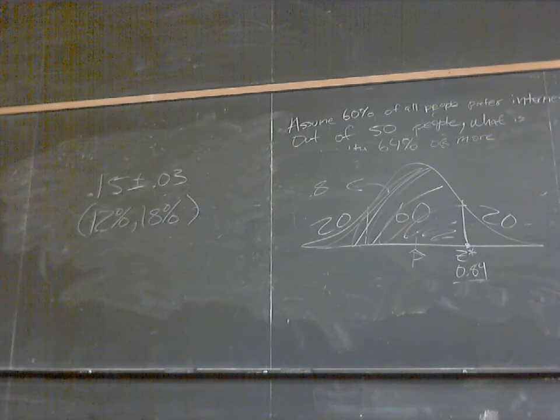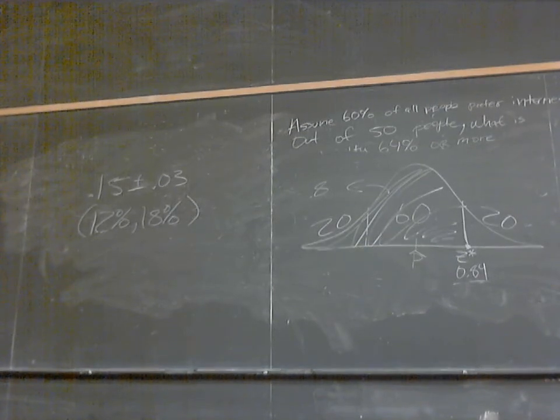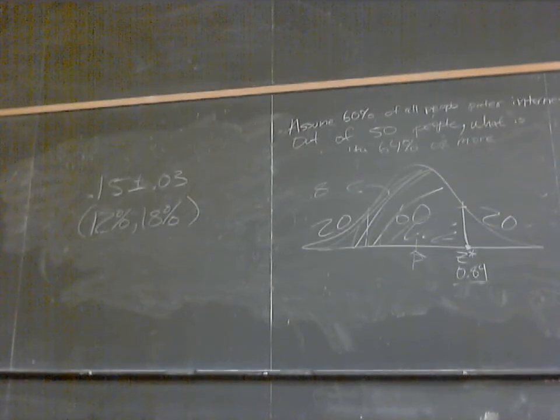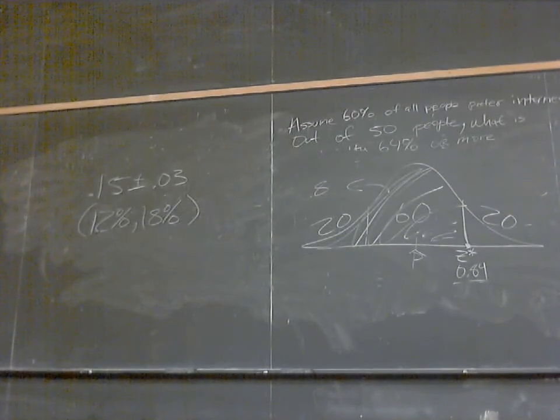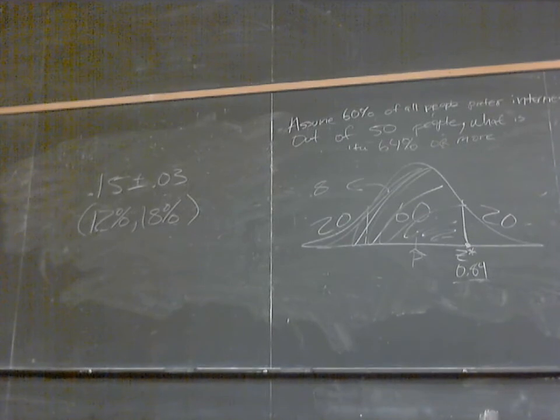Yes, I'm 60% confident that the true proportion p of people who pass the bar on the first attempt is between 12 and 18%. In other words, between 12 and 18% of people pass the bar on their first try, and I'm 60% confident that that's true.